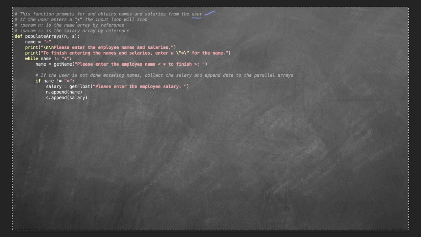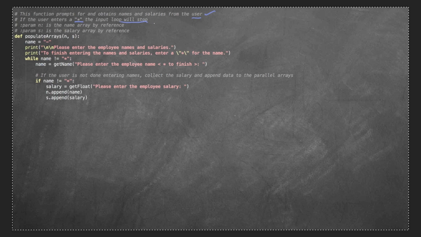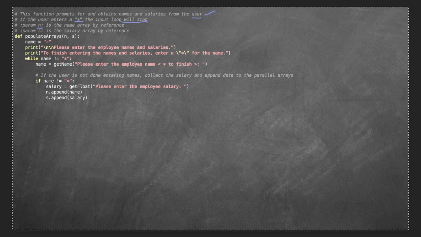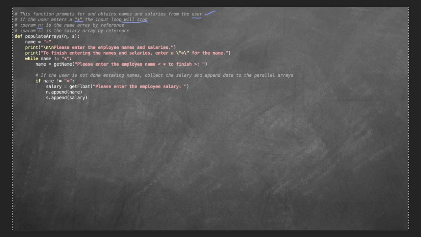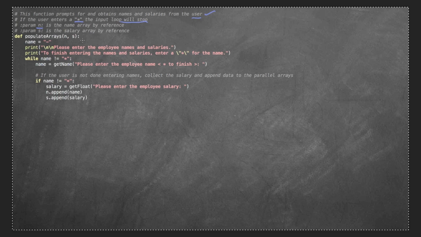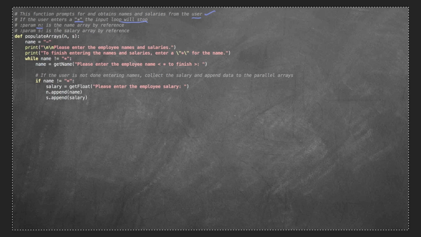If the user enters an asterisk, the input loop will stop, which means we're using a sentinel. Parameter n is the name array by reference. When we call this thing, we will call it literally by saying populate array, and in this position we'll say names, and in this position we'll say salaries, or some people used earnings or something like that. Parameter s is the salary array by reference.